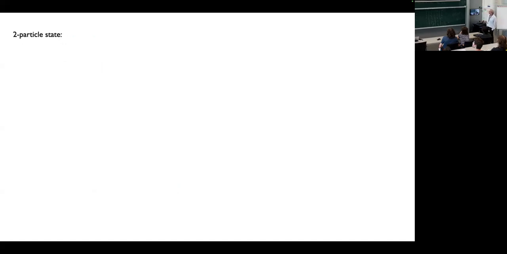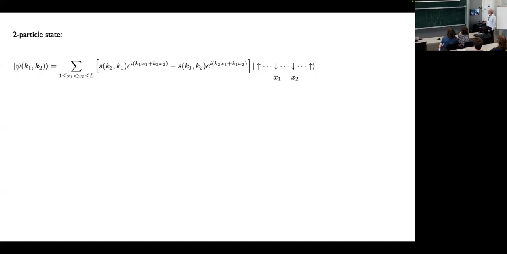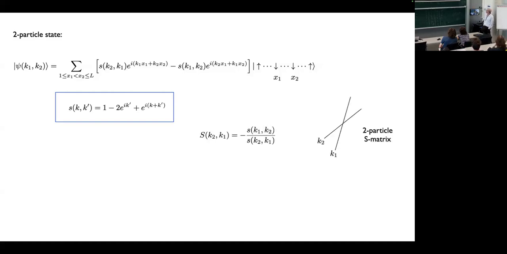Now let's look at two-particle states. It gets much more complicated. Now we're going to flip two spins, say at position x1 and at position x2. We're going to put some coefficient, which I'll explain in a minute, and we'll sum over all x1 and x2. The coefficient involves this little s, which is a function of two numbers, k1 and k prime, a very simple expression.